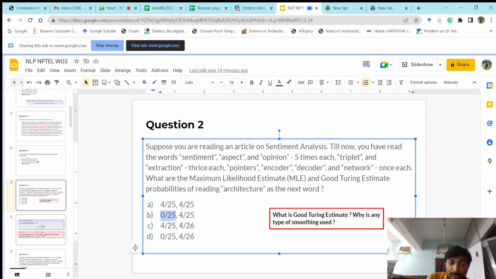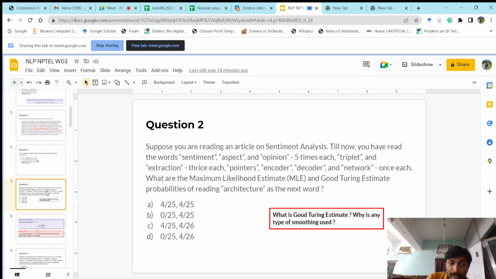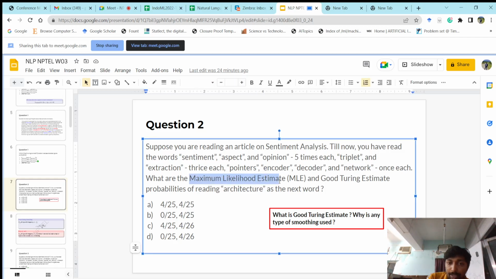In traditional systems you have a training data set where you calculate this maximum likelihood, and then you predict on the test data set. Now let us say the word architecture only occurs in the test. You will automatically assign a zero probability to that, but that may not be correct. Hence, we apply some smoothing techniques to get a better estimate of the probability.